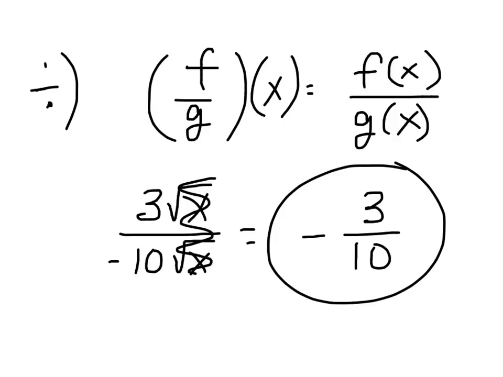Now domains, all that means are the x values that can work. With this particular function, or those two functions that we had, f and g, right? It said the square root of x was in there, except for this final answer for this division one. When we got the square root of x, can you square root negatives?